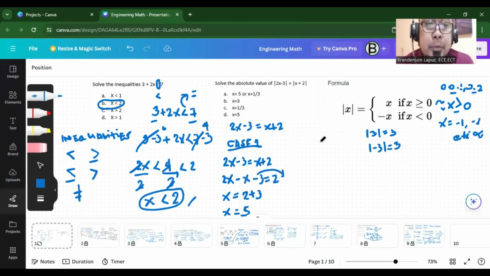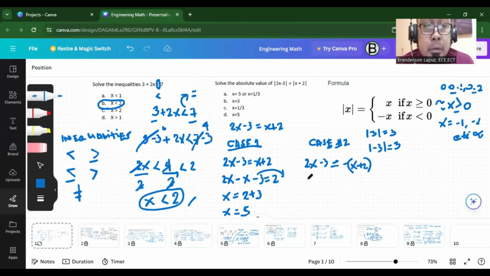For case number 2: 2x minus 3 is equal to negative x plus 2. Our first case is positive and our second case is negative, so we put the negative outside the parenthesis of the expression.